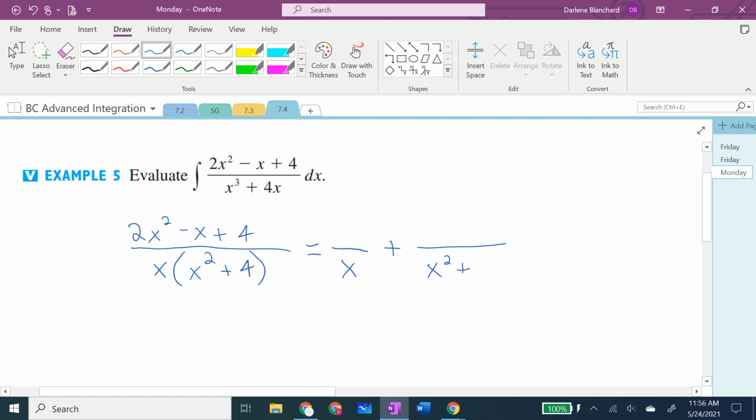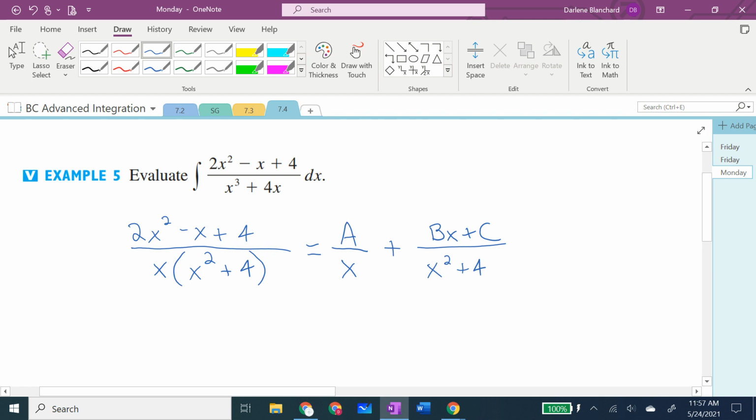X squared plus 4 cannot be factored in the real number system. So as you break those up, know that they have to have lesser degree polynomials above them. For the linear function, that means just a constant. For the quadratic function, that means a linear, an entire bx plus c.